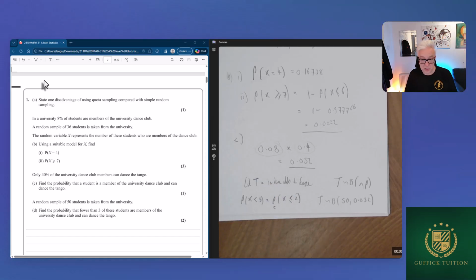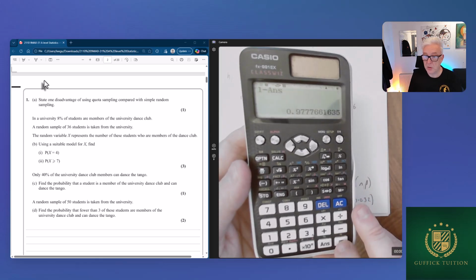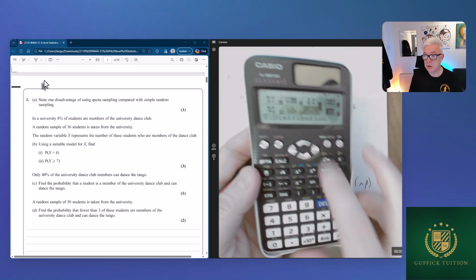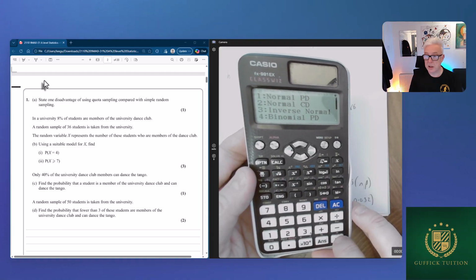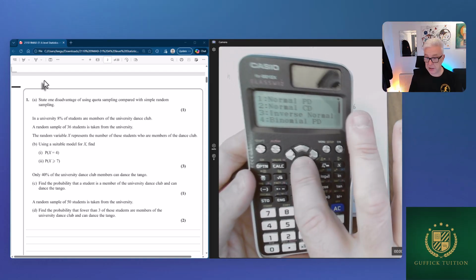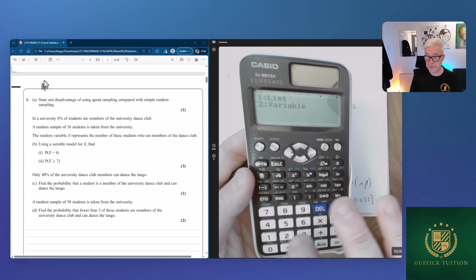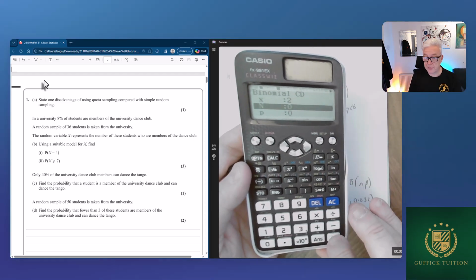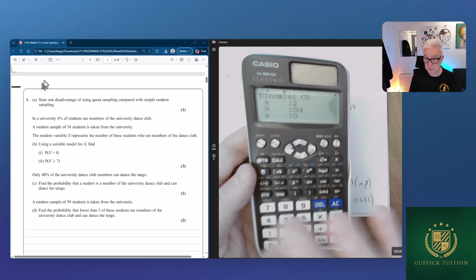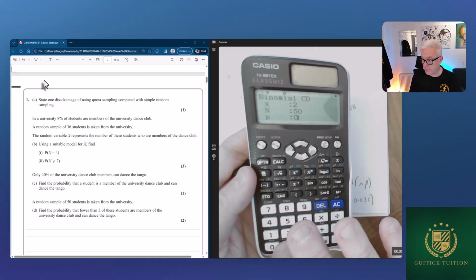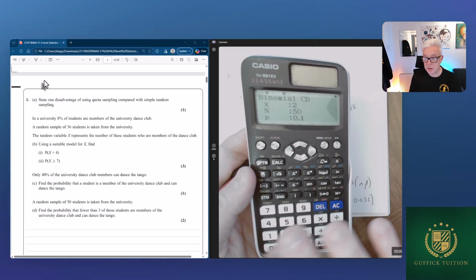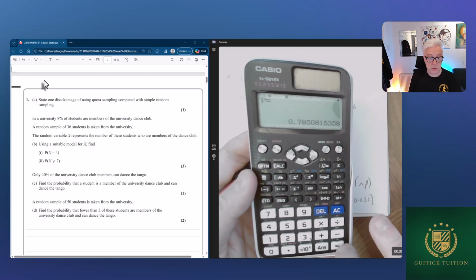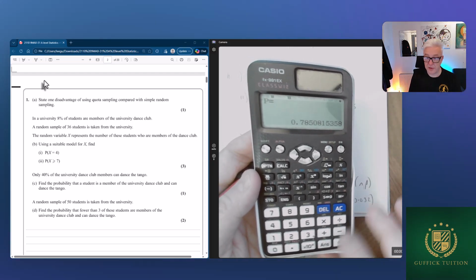So we just need to go to our calculator. We need to pick the distribution, like so. It's going to be binomial CD. The variable is going to be 2 there, and we've got 50 people in the sample, and the probability is 0.032. So we work that out, and that is 0.785.